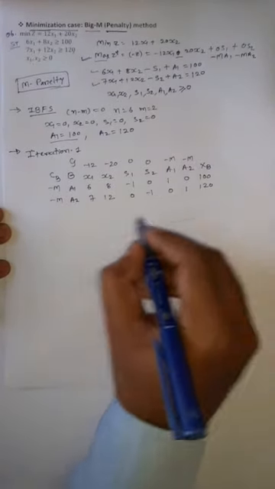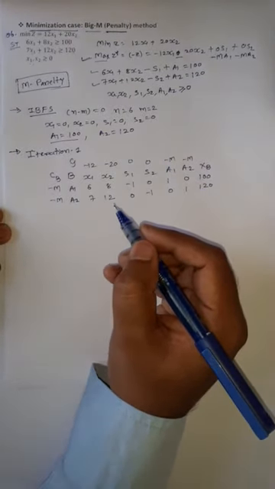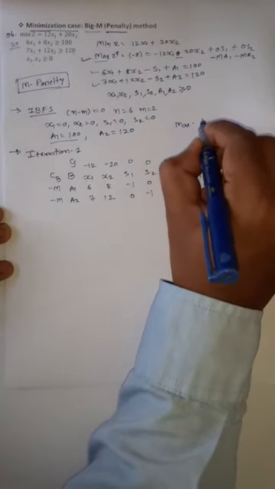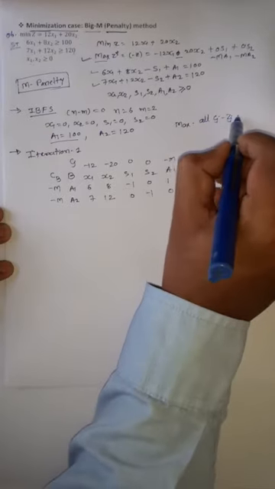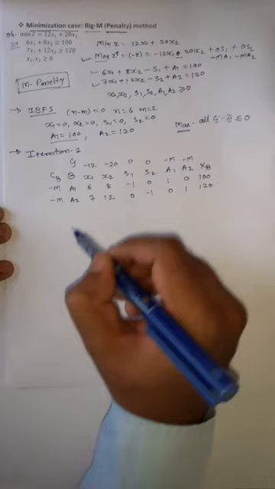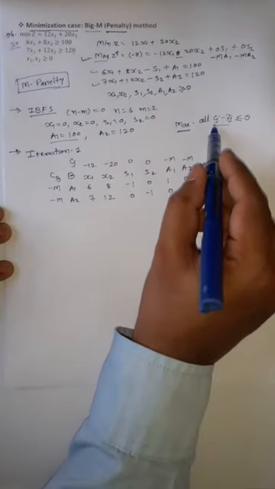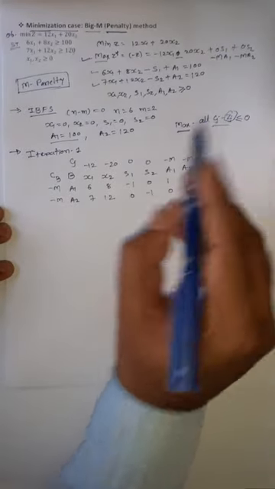So after the completion of this table, we will look at the condition which is the Cj minus Zj value. For the maximization case, the optimality condition is that all Cj minus Zj values must be less than or equal to 0. So let's calculate Cj minus Zj, but before that we first calculate Zj and then subtract this Zj from Cj.